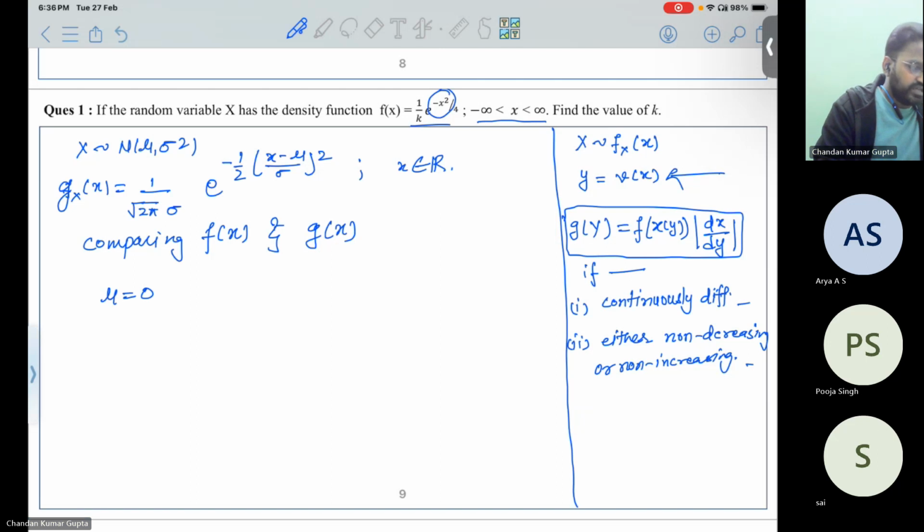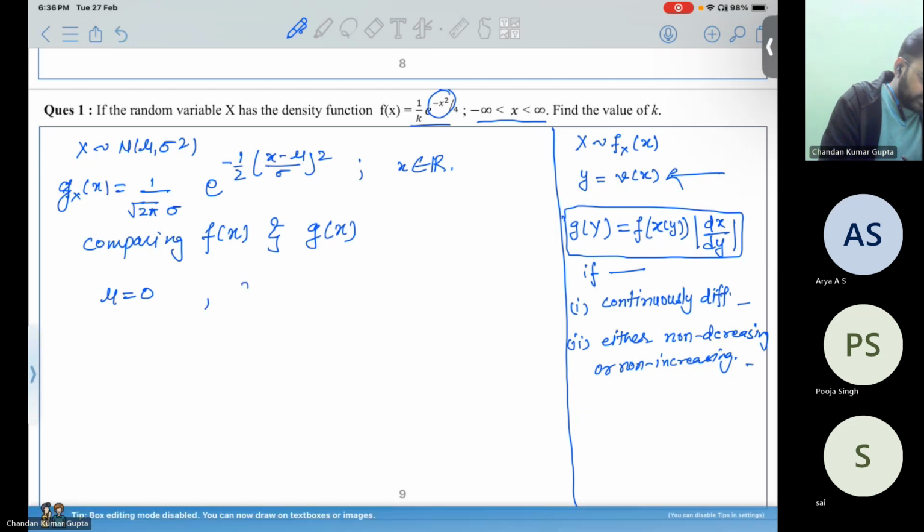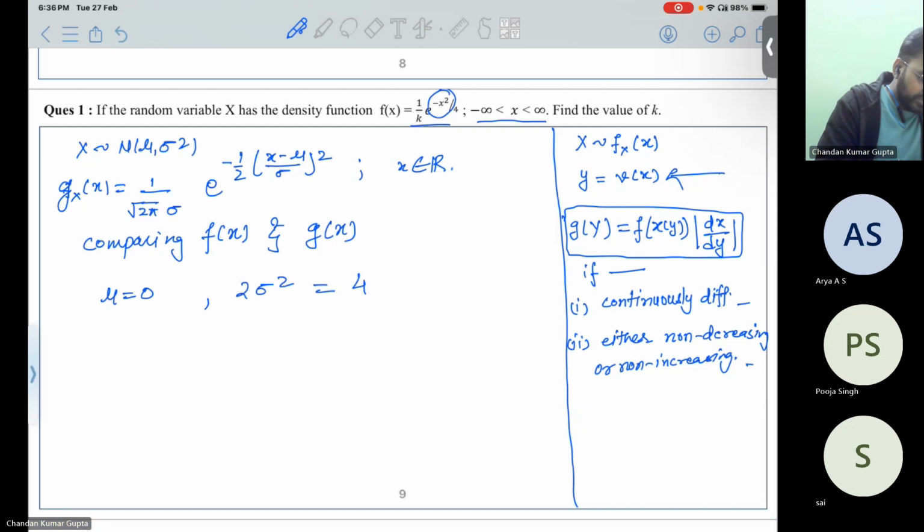Then 2 sigma square equals 4, which implies sigma square equal to 2, because sigma is positive.